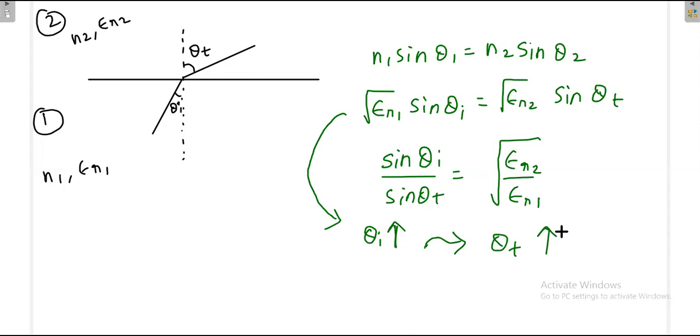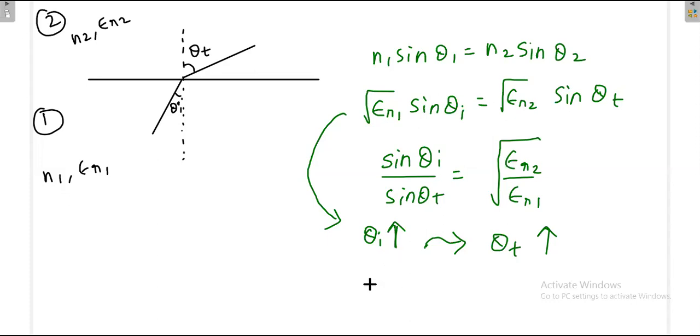But if you decrease the angle of incidence, theta t also will decrease. So what I'm doing, after fixing my epsilon r2 and epsilon r1, is I keep on increasing theta I.